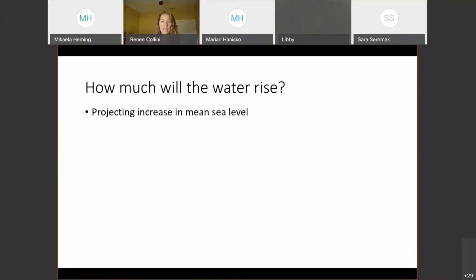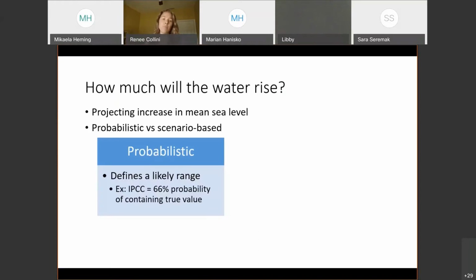So when we're saying how much will the water rise, we're talking about models that project an increase in mean sea level. And a term or a series of terms you may have heard associated with this is probabilistic versus scenario-based. So when we talk about probabilistic models that project how much mean sea level is going to go up, they're defining a likely range.